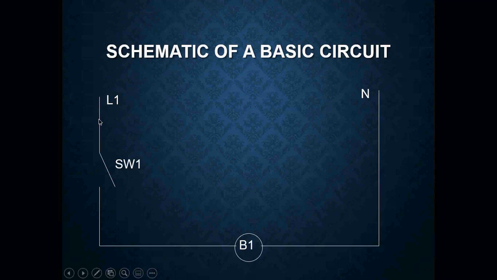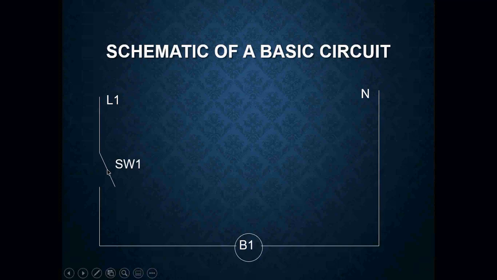So this wire right here is my power source. This wire right here is my neutral. We have our switch. We have our path, which is a wire. Here is our load. Right now, this switch is in the open position.